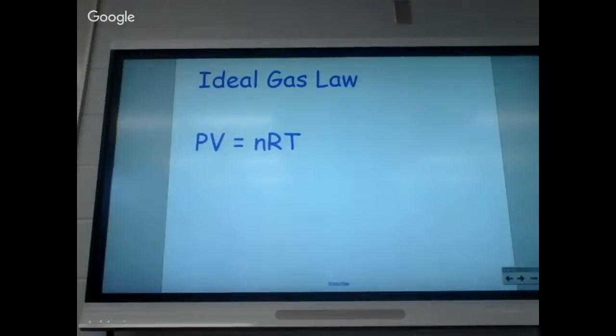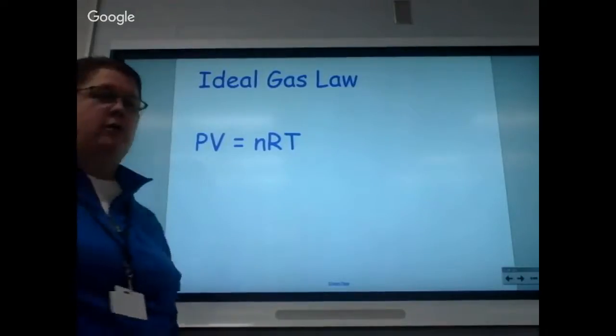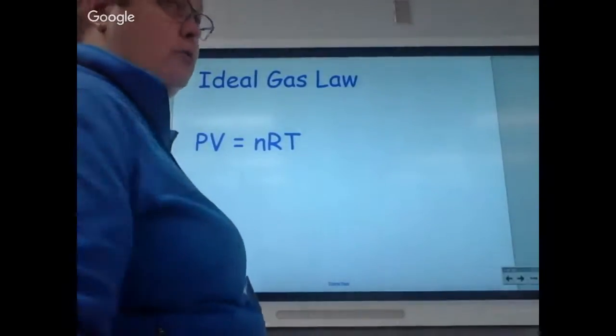Now, the ideal gas law is different from the ones we've done in 2 ways. All of the formulas that you used on the quiz today, with the exception of Dalton, okay? Dalton was just pressures.